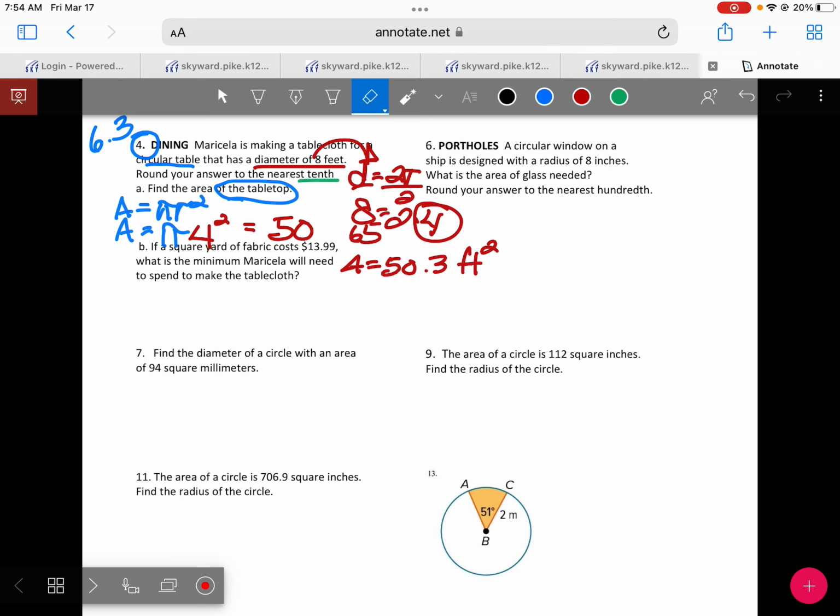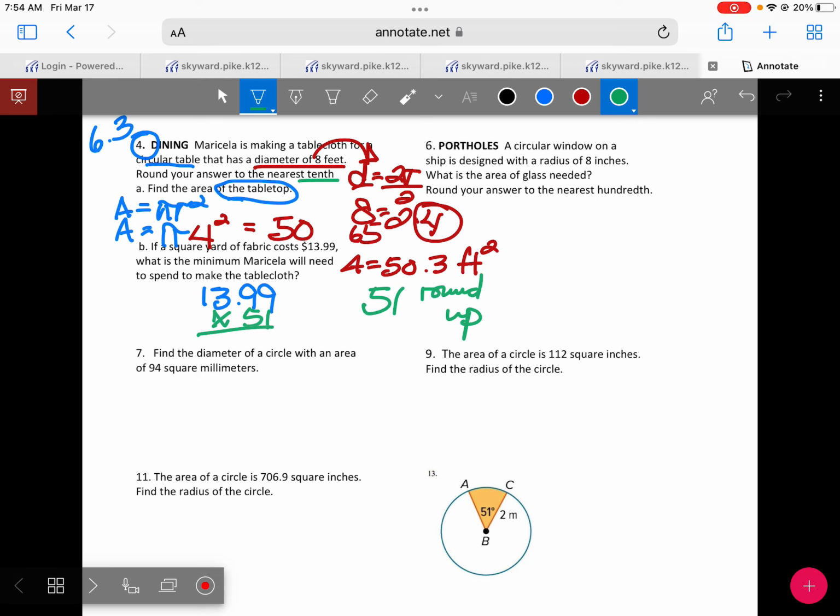What is the minimum? They don't usually give you like square feet. So I would say round this up to 51. Round up. Okay. And take $13.99 times 51.